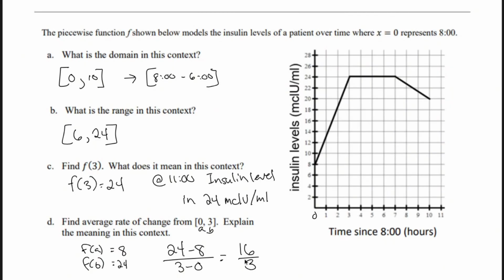So what this means is your insulin level raises, I am going to write it, MCIU or MCLU or whatever, per MCL or ML per hour. And that raises at that rate per hour over the first 3 hours. Okay? Okay.